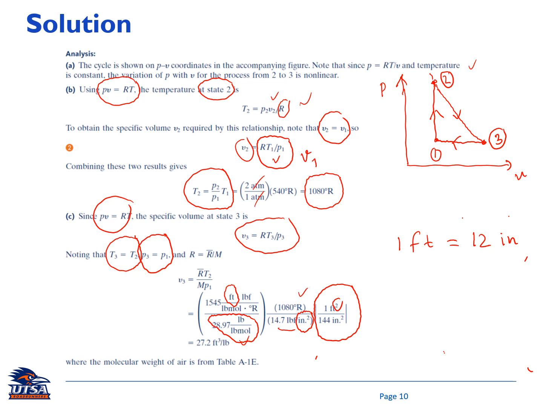So if you plug in all the numbers, you have v3 equal to 27.2 cubic feet per pound. And if you want to know where you get M, the molecular weight of air, go to table A1E. Why E? Because it is in British units.